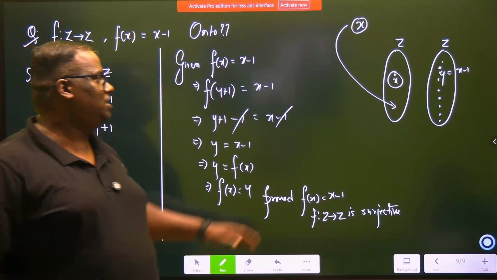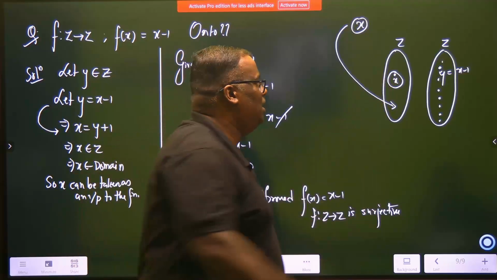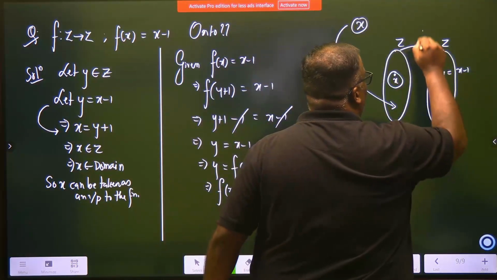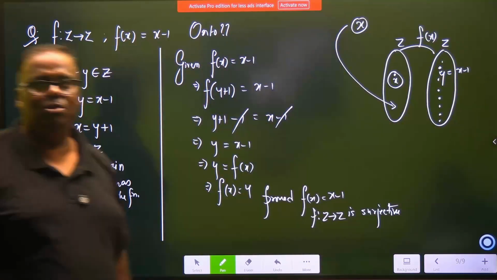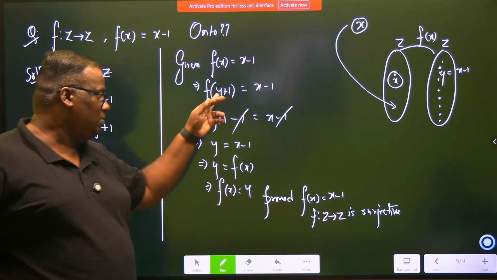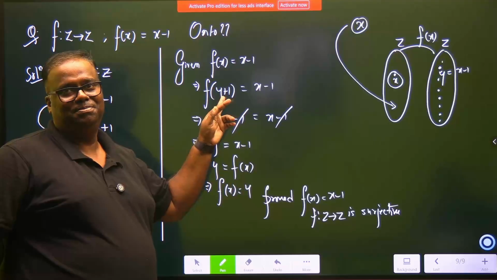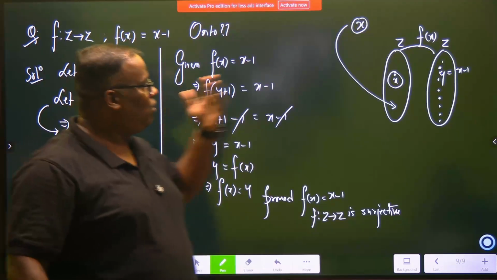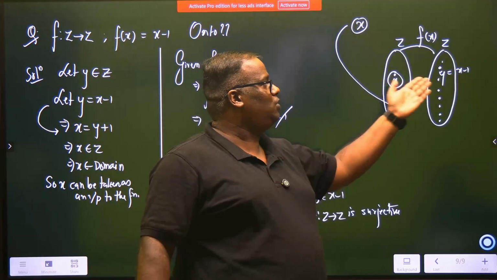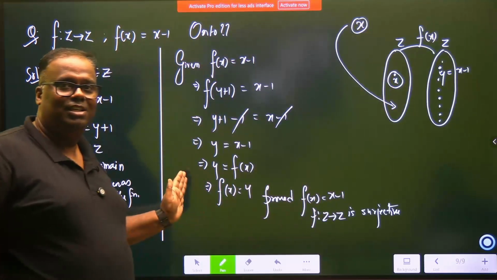Our next step is, if it is from this family, then we should be able to plug it in and take it as an input. We took it as an input. And then we found out that it's actually the pre-image we created.